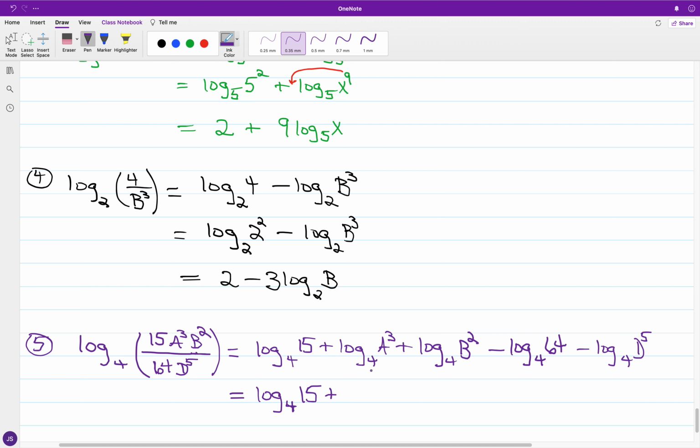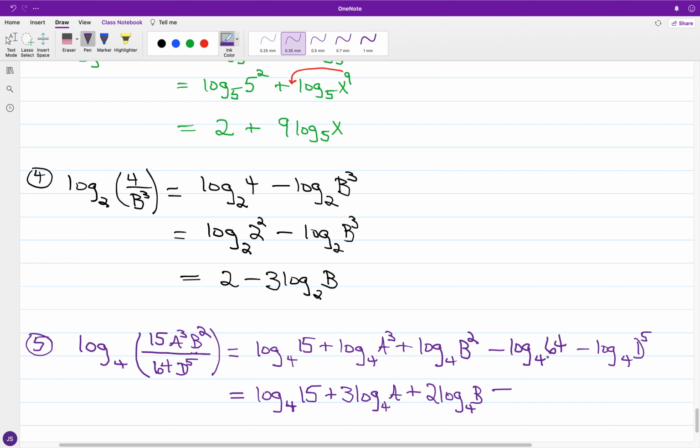Now for the base 4 logarithm of a to the third, we can write this as 3 times the base 4 logarithm of a. Next term, we can convert the 2 to a coefficient, where we have 2 times the base 4 logarithm of b.